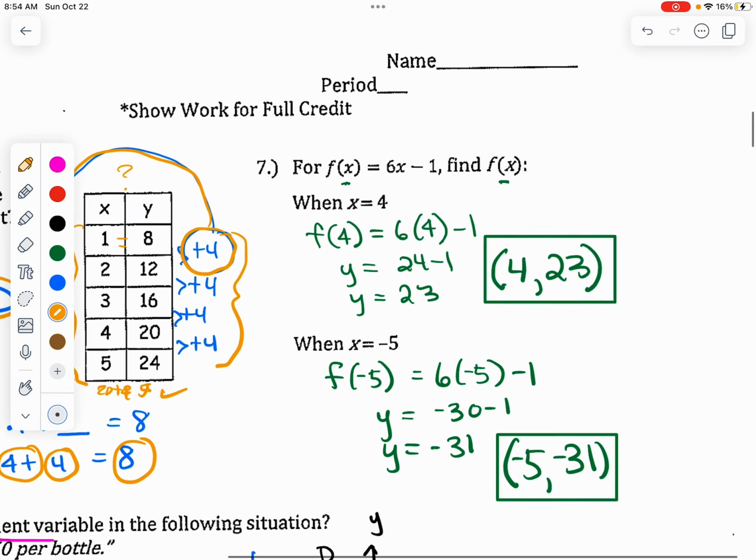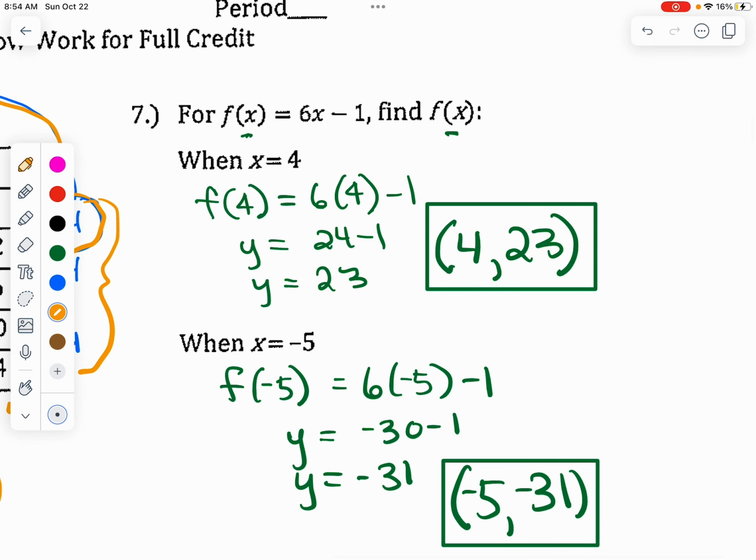On number 7, it gives us a function rule. And we know that f of x is y because the function of x is to solve for a y, right? That's why y is dependent on x. So in this function rule, it says f of x is 6x minus 1. Find f of x when x is 4.